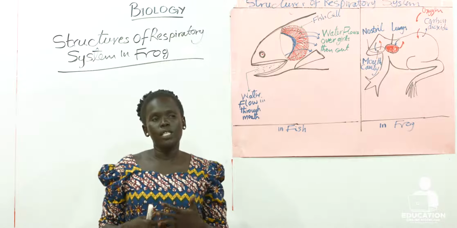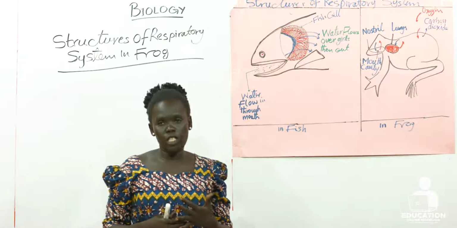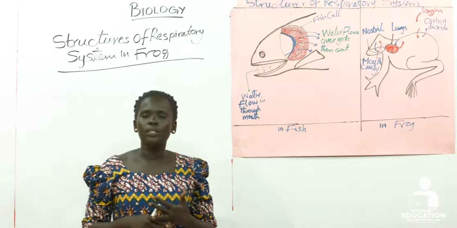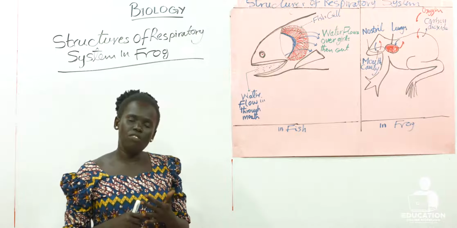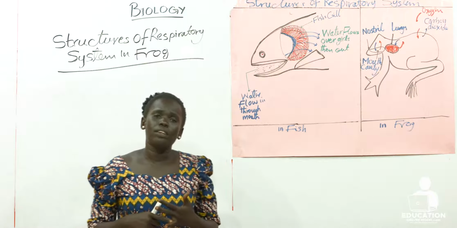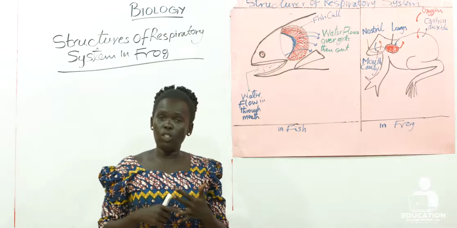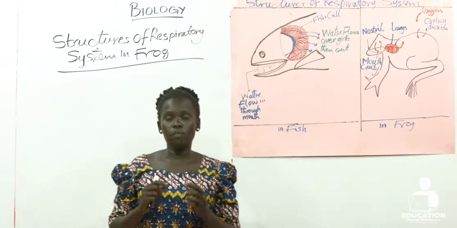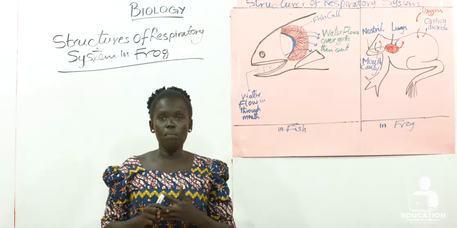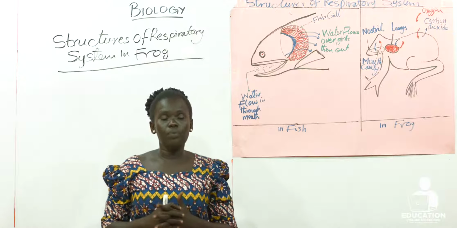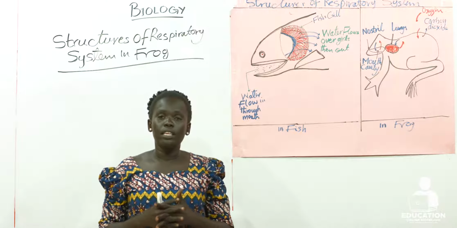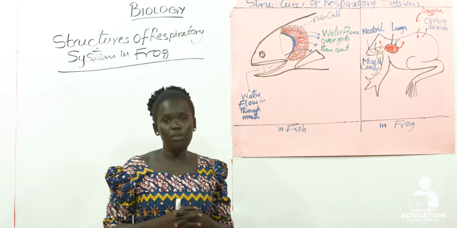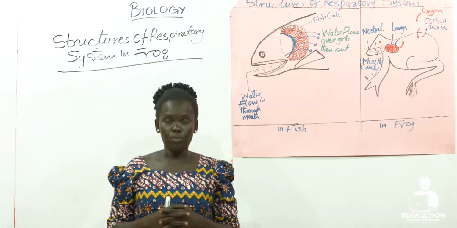We started with the structures of respiratory system in human being, which represent the class of Mammalia. Then we look at the respiratory system in fish. From there we proceeded to the respiratory system in birds. So lastly, today we are looking at the structures of respiratory system in frogs.